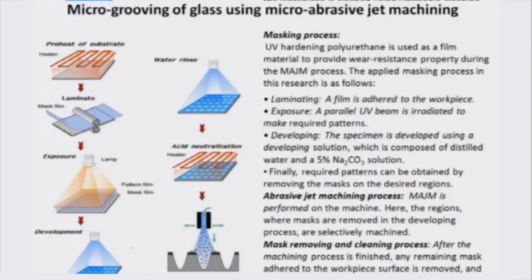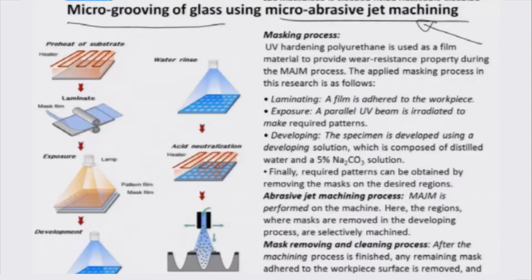Let us look into another aspect of how grooves can be created on glass, again using a micro abrasive jet machining system. Here, for example, you can see this has been borrowed from a work by Park et al. in 2004, which talks about a process of AJM using the same masking technique.